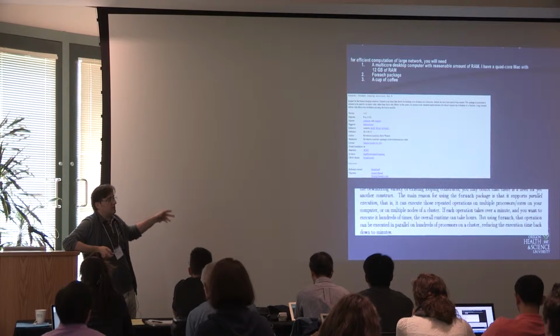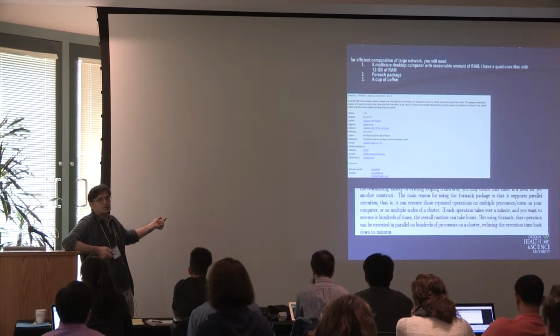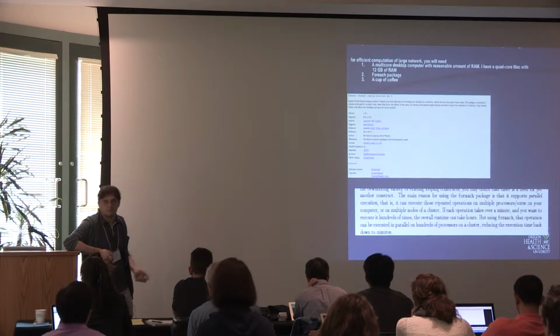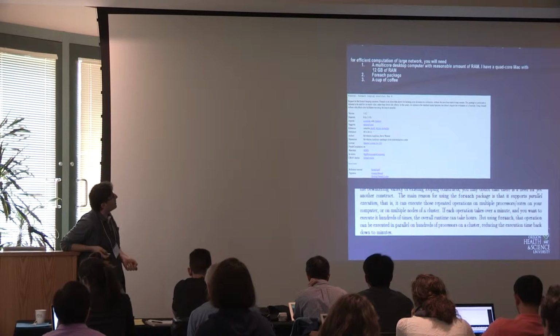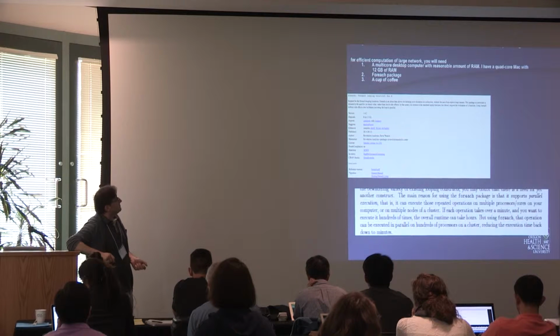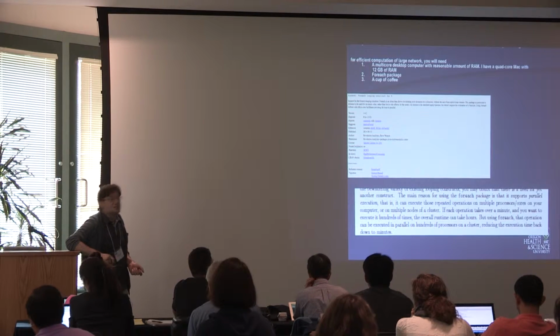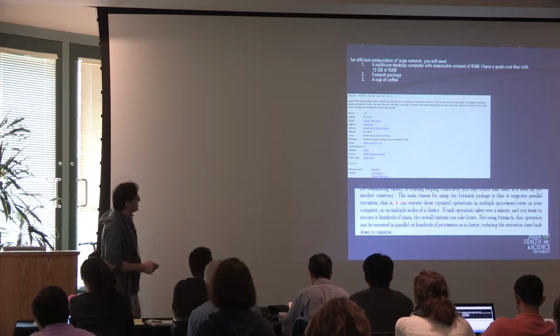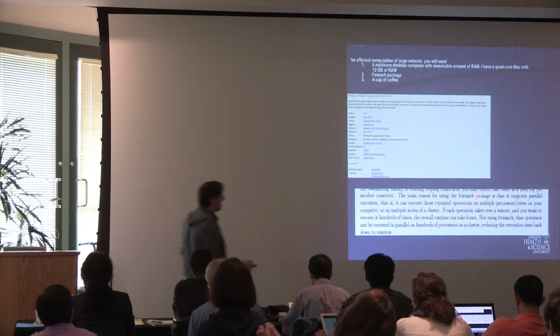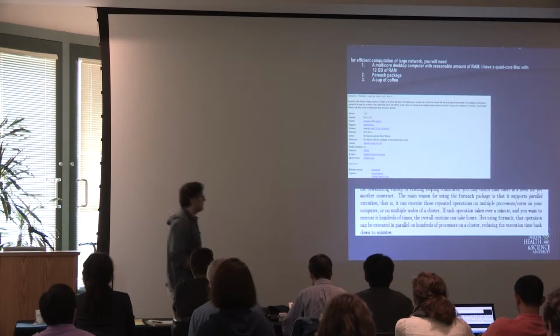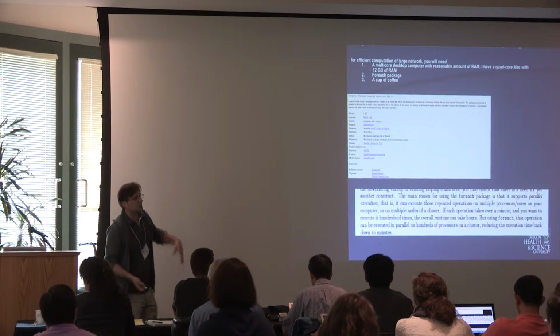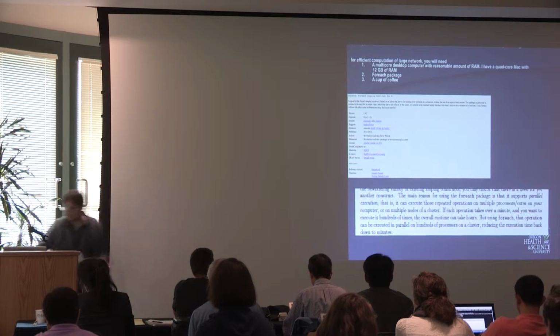So you want to farm each iteration of the loop to a different processor. That's the extent of my parallel programming skill set. The main reason for using this is that it supports parallel execution. Instead of a for loop, you have a foreach loop. That's all there is to it.